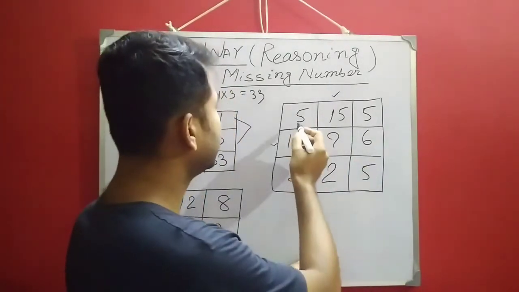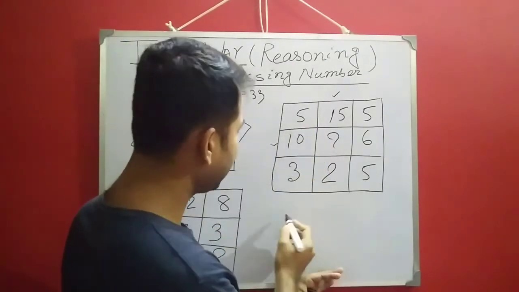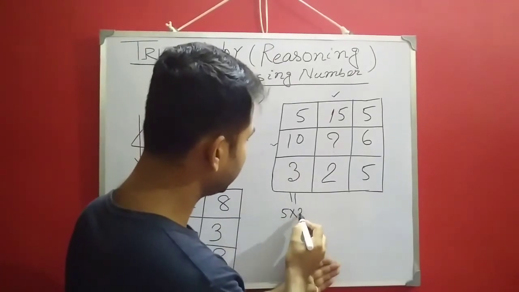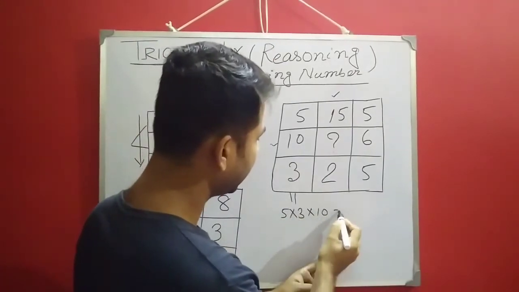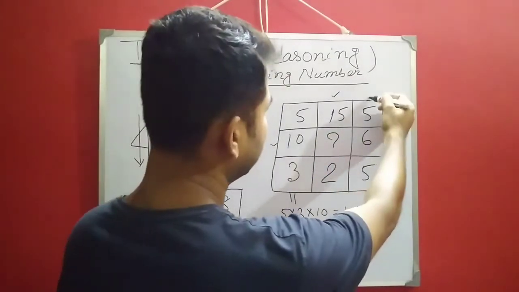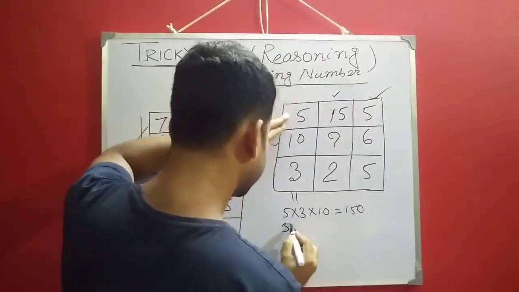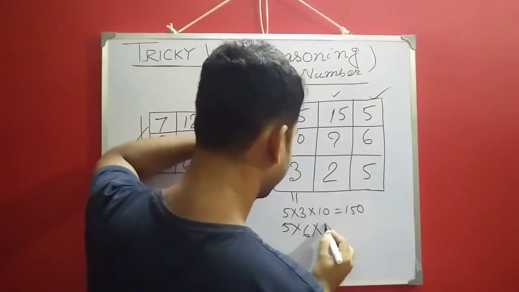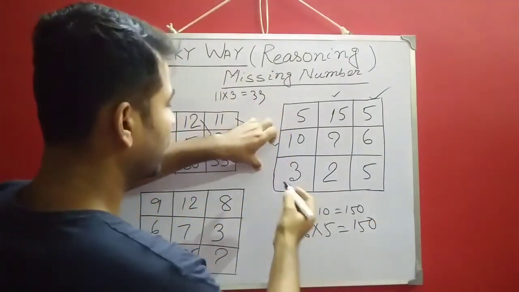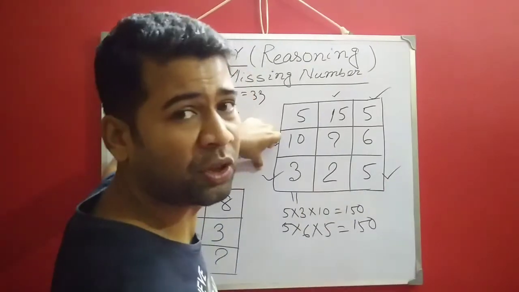So now multiplying those three values, 5 into 3 into 10 equals 150, and similarly for this column, 5 into 6 into 5 means 150. So this column value is equal to this column value.